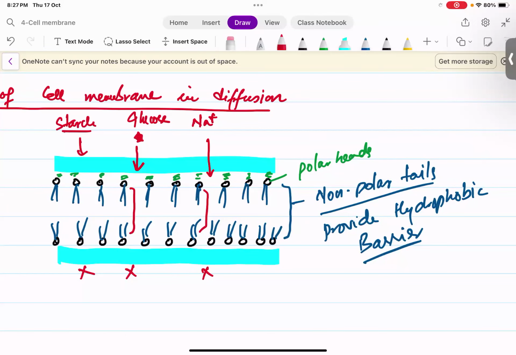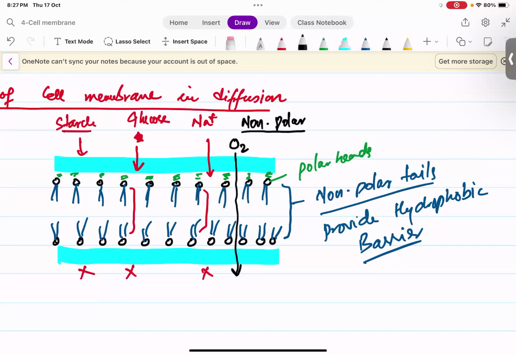However, non-polar substances or non-polar molecules like gases, oxygen, carbon dioxide, they are non-polar. Again, they don't have any charge on them, so they can easily diffuse from a region of high concentration to low concentration through the spaces in between these phospholipid molecules.